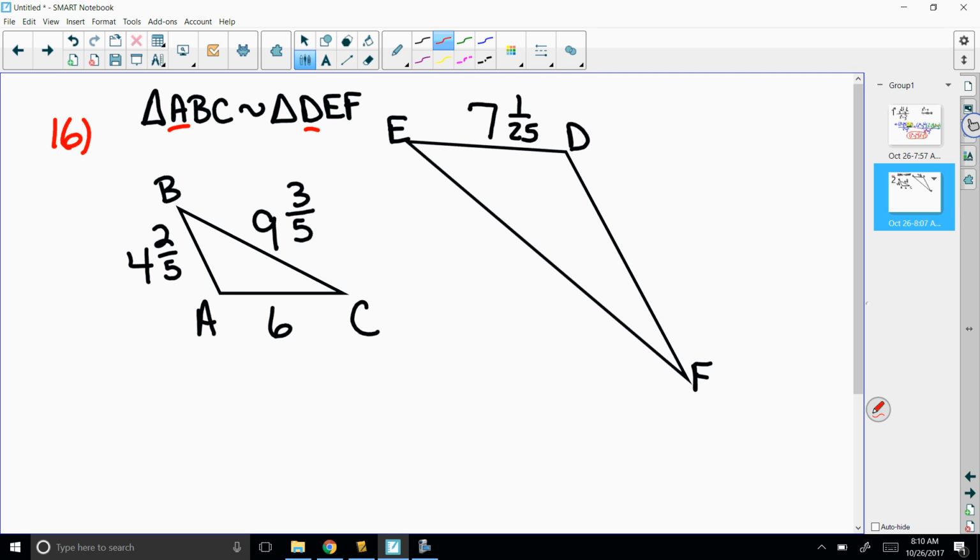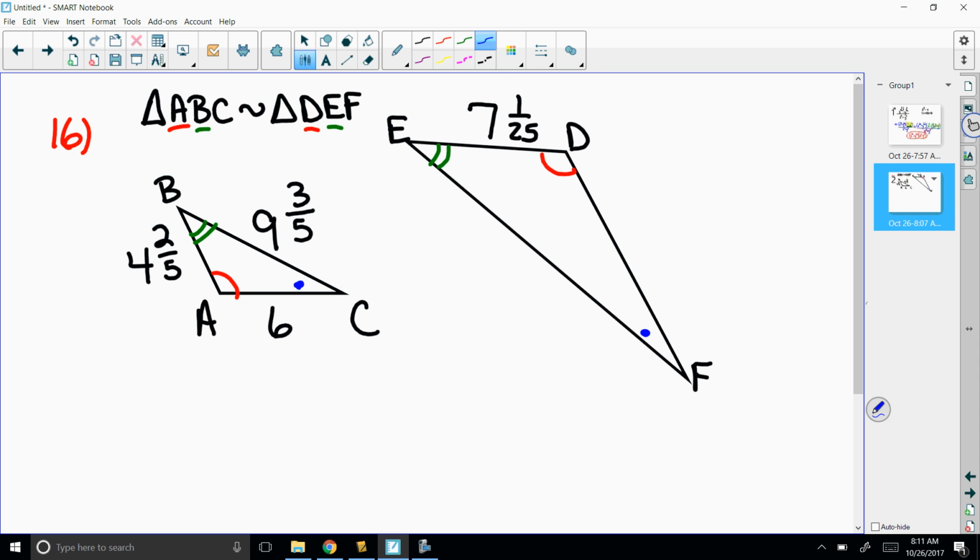So A corresponds to D, so angle A has the same measure as D. B corresponds to E. Probably should put the 2 tick marks. And then C corresponds to F. I'm just going to put that right there instead of the 3 tick marks.